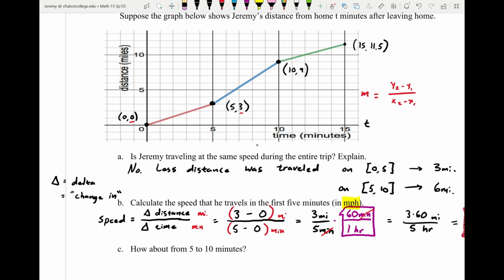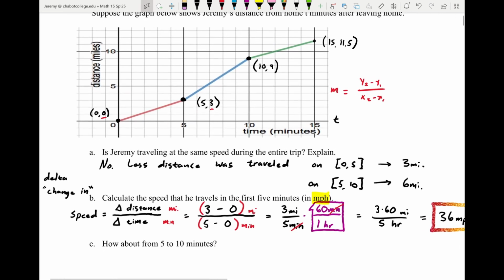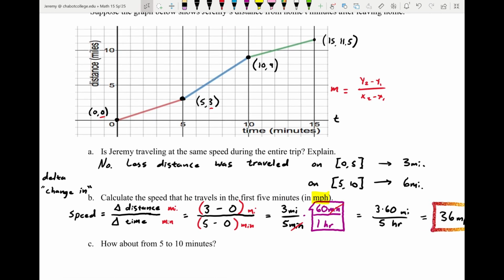So this totally validates that intuition that we had earlier in this problem, thinking about, oh, are we going the same speed throughout this whole entire 15-minute period? And I was thinking, oh, well, I see different slopes of lines. It's like we're covering greater distances over the same amount of time in certain intervals. And intuitively, it's like, oh yeah, it seems like that means we're going faster.